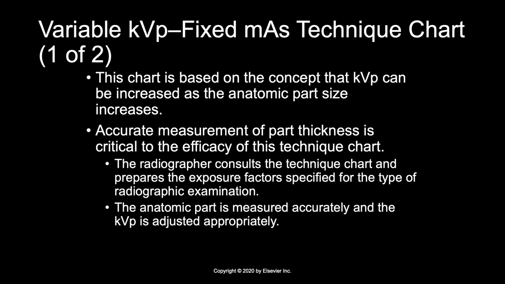That's a 2 KVP change for every 1 centimeter change in part thickness. We went up in part thickness 5 centimeters, from 10 to 15. So that's 5 times 2, which is 10. So we'll go from 63 to 73 KVP.